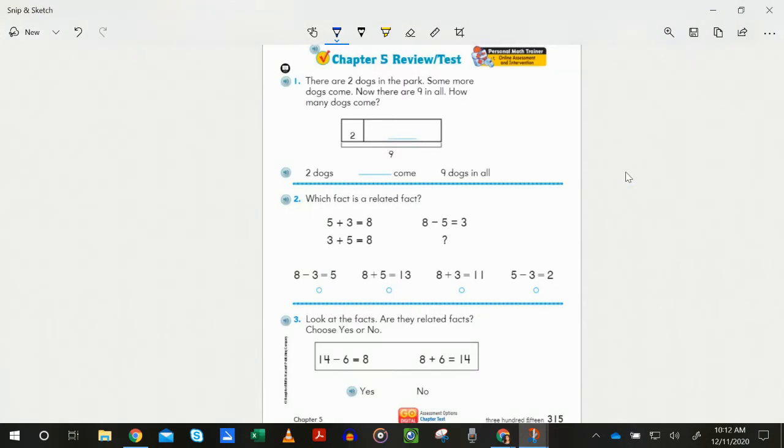Now, remember when we do these pages, you want to have both a pencil and a crayon. Make sure you watch all the way through the end. And when we go back and check our work, make sure you are using a crayon to check your work as well.